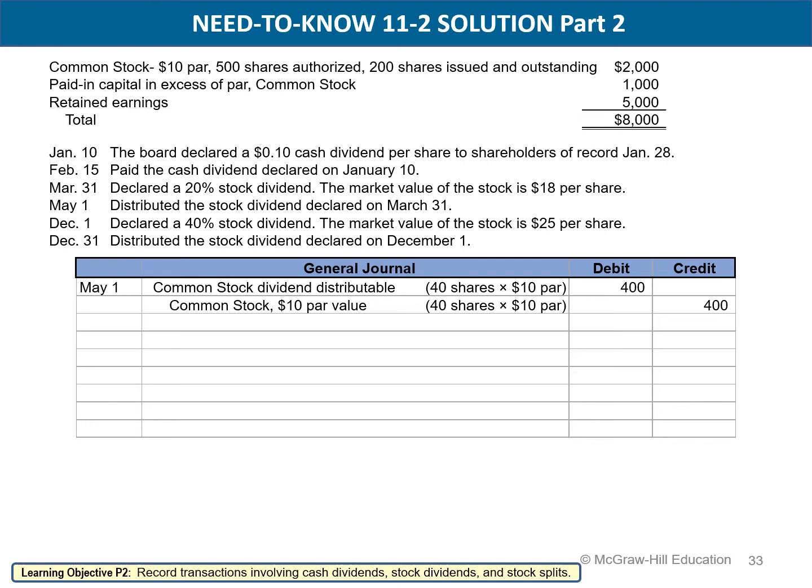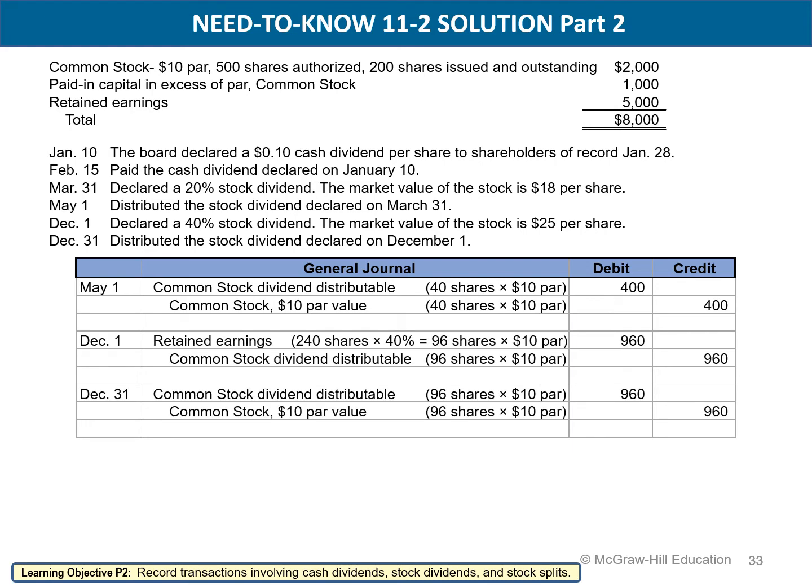So on December 1st, when we declare a 40% stock dividend, that's considered to be a large stock dividend. So we reduce our retained earnings by 240 shares times the 40%. Remember, we started at 200 shares, but then we declared a small stock dividend, which gave us 40 additional shares.